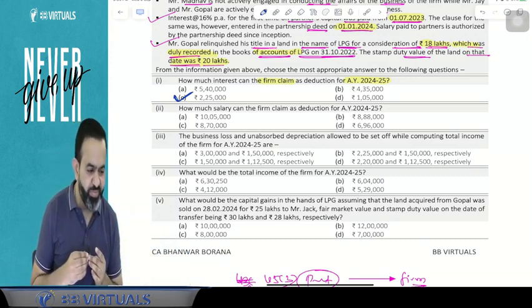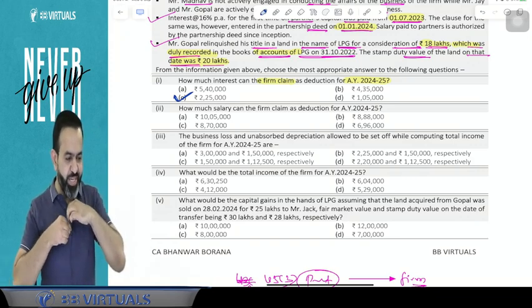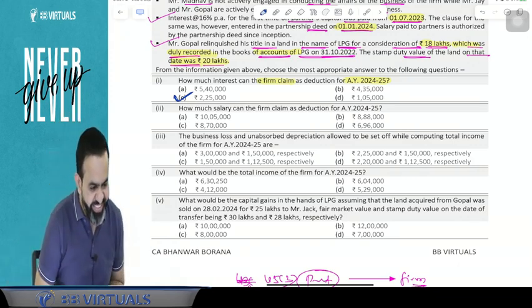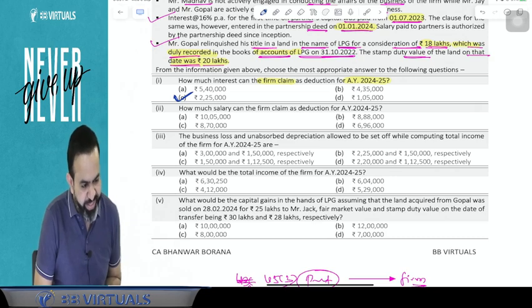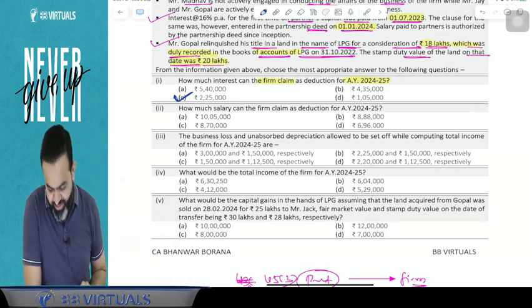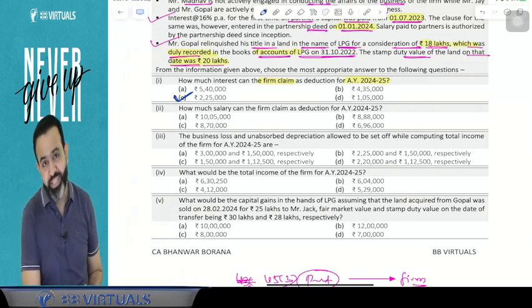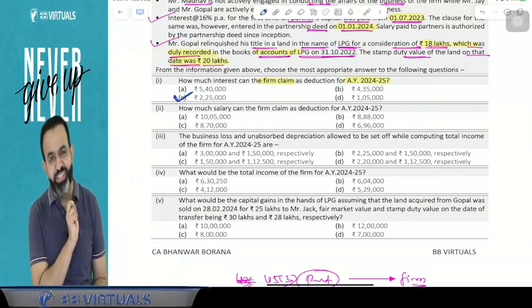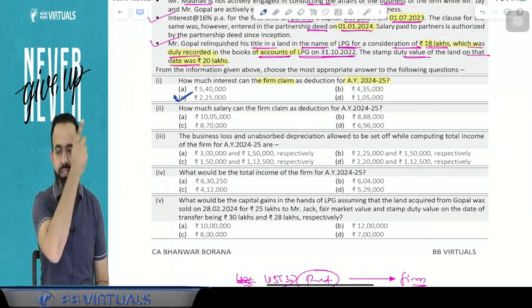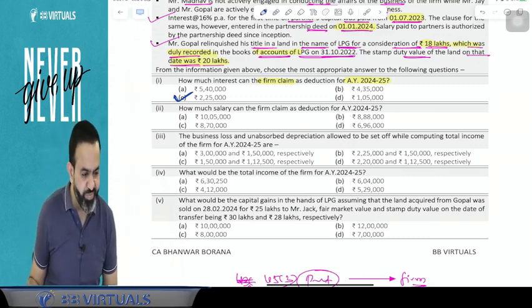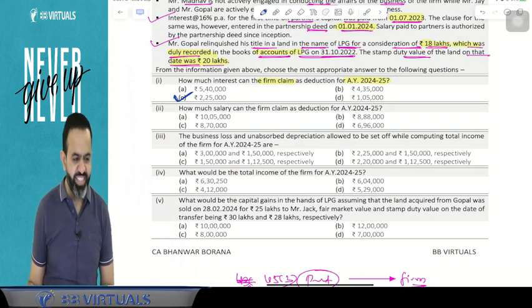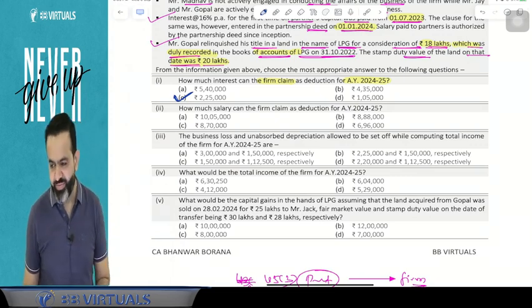Very good, Vikas as well as Varsha. Vikas, Varsha, Himanshu. Himanshu, your answer was wrong. Himanshu selected 1,05,000. No, but here they mentioned total interest, so total interest means it includes that 1,20,000 also. Yeah, no issue at all.